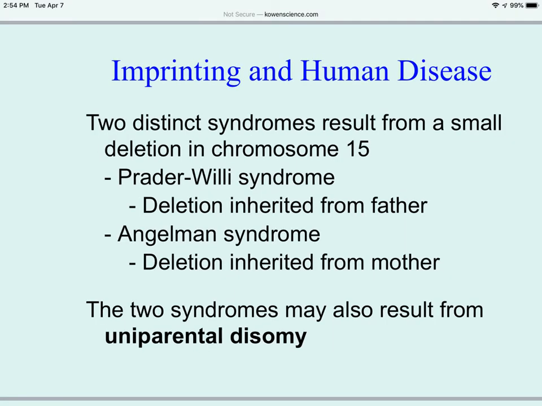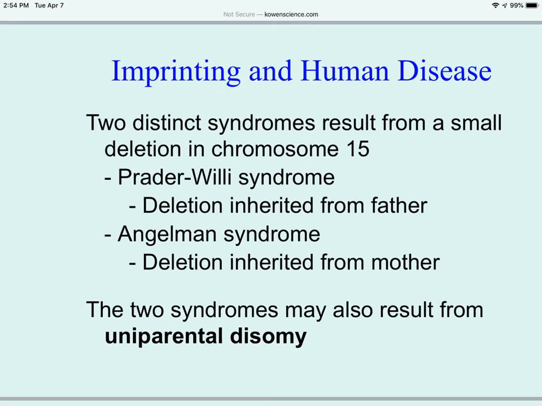So there have been 2 distinct syndromes identified relating to imprinting, and it deals with a deletion in chromosome 15. The syndrome is based on whether you receive the trait from dad or from mom. If you receive the chromosome with the deletion from dad, then the child will have Prader-Willi syndrome. If the child receives the chromosome with the deletion from mom, they will have Angelman syndrome.